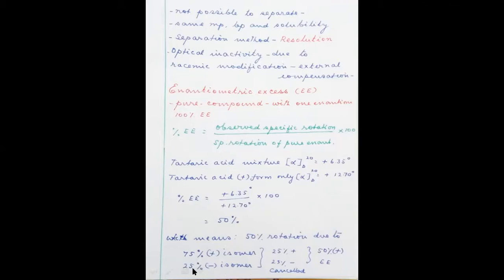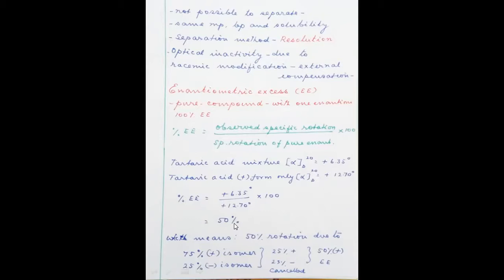So the 25% of minus isomer cancels out the 25% of plus isomer. So the 50% of plus isomer is in excess. This is what is the actual thing. See, enantiomeric excess is 50%, but the actual mixture contains 75% of plus isomer and 25% of minus isomer. That is why the resultant enantiomeric excess is 50%. So this is an important calculation.